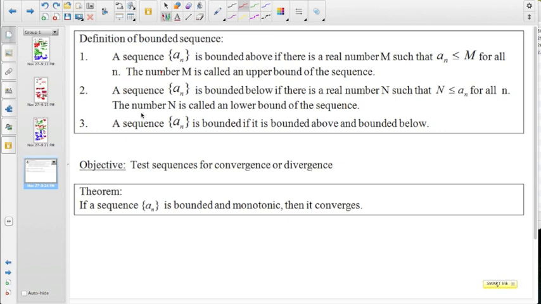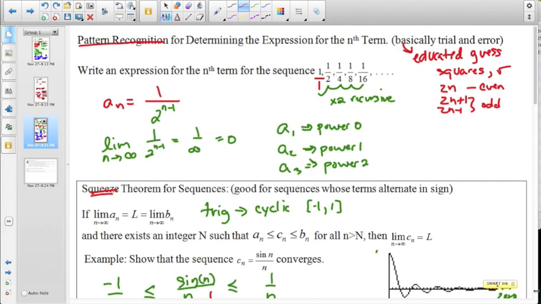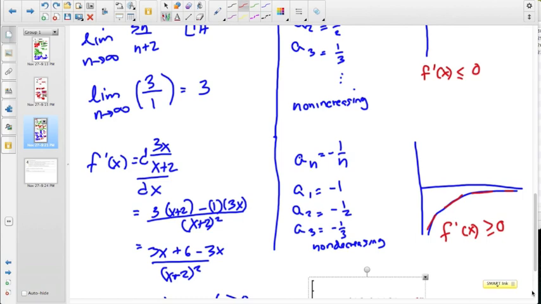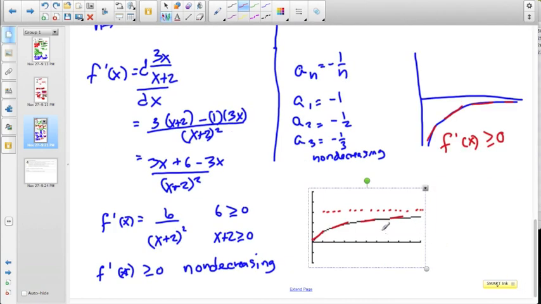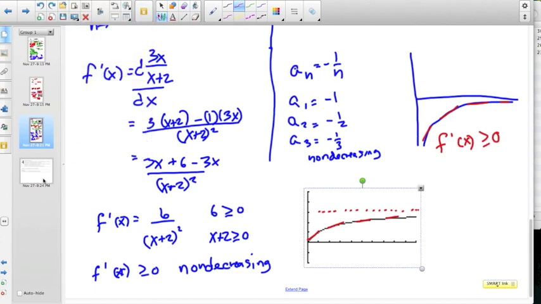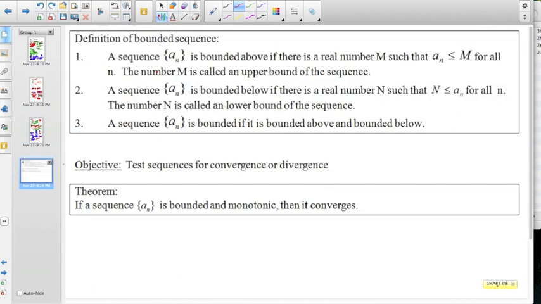Now that we have an idea of what monotonic means, we can actually come back to this previous page. I'm going to grab that graph that we just threw on the page from the graphing calculator. And I'm going to copy that and paste it, because we have to talk about the idea of being bounded.